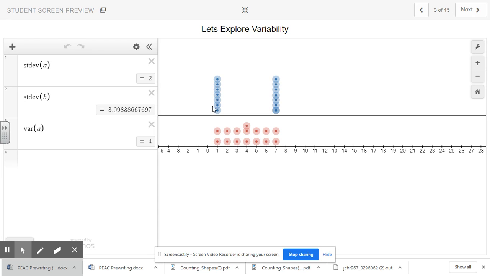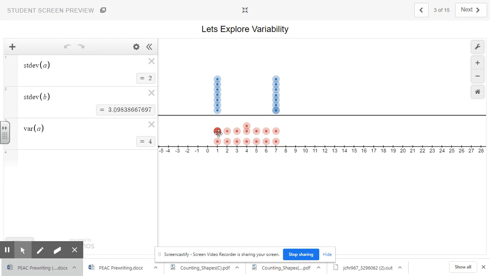So if you think of putting all of your blue dots into a bag, right? So you have, what do we have, 6 blue dots that have the number 1 on them, 6 blue dots that have the number 7 on them, and I put them in a bag, and I take all my red dots and I put them in another bag.